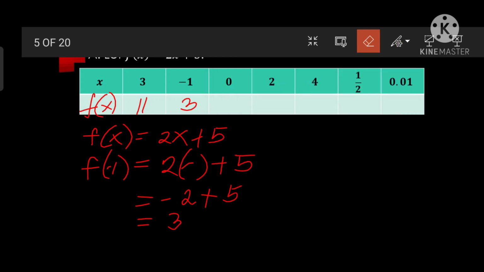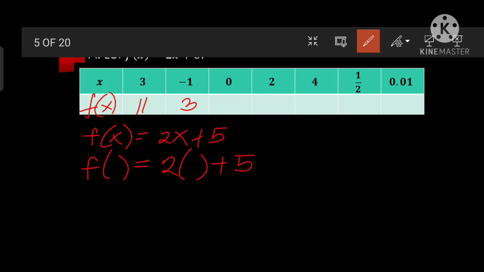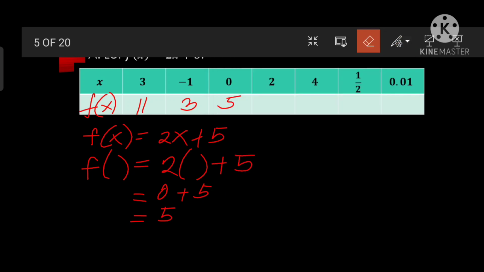Then this time, when x equals 0, then 2 times 0 is equal to 0, then plus 5, and 0 plus 5 is equal to 5. So when x is equal to 0, our f of x is equal to 5.